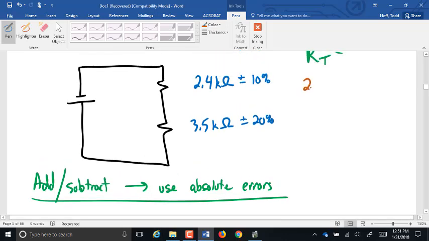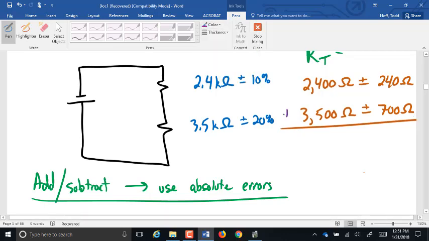So 2.4 kiloohms is 2,400 ohms. 10% is what? 240 ohms. 3.5 kiloohms is 3,500 ohms. 20% of that is 700.